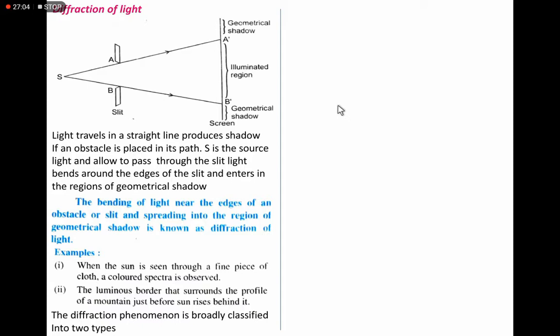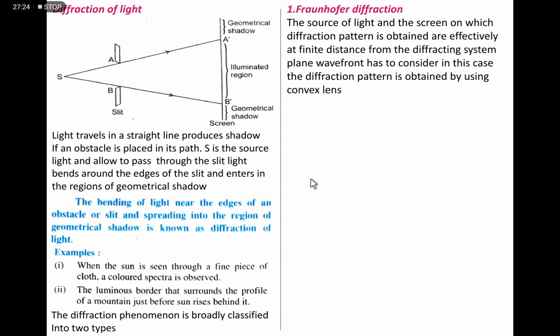This diffraction phenomenon has been studied by different scientists, but in our syllabus, two different scientists and their diffraction phenomena are compared. First is Fraunhofer's diffraction. In this, the source of the light and the screen on which the diffraction pattern is obtained are effectively at infinite distance, and a plane wavefront has to be considered in this case.